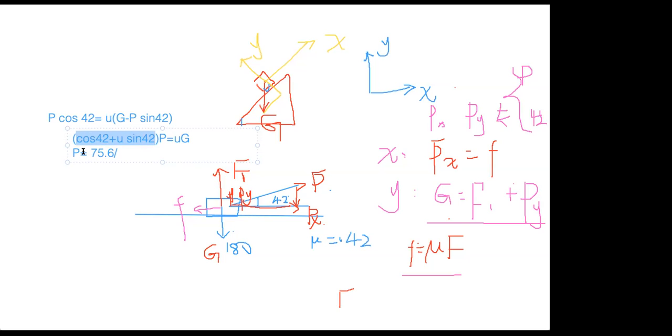We make it bigger enough so we can get a small P. So then P gets smaller. Yeah. Okay. So how can we find when cosine of theta plus mu sine of theta is at its smallest value? Smallest, or biggest value? Biggest value. Biggest. Yes, biggest.